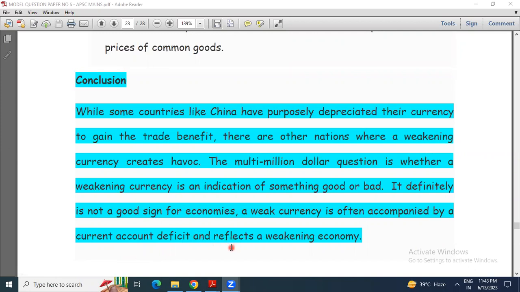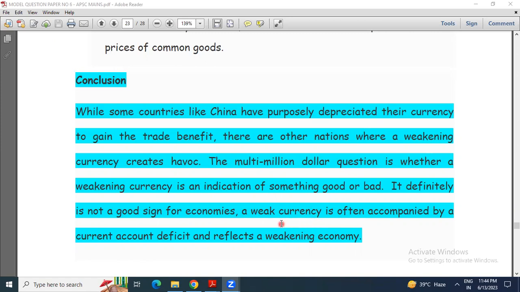And that led to us having to obey the IMF rules and regulations, and only then could the balance of payments issue be tackled conditionally. We never want that thing to happen again. So in our case, a weak currency is not a good sign for a country like India.